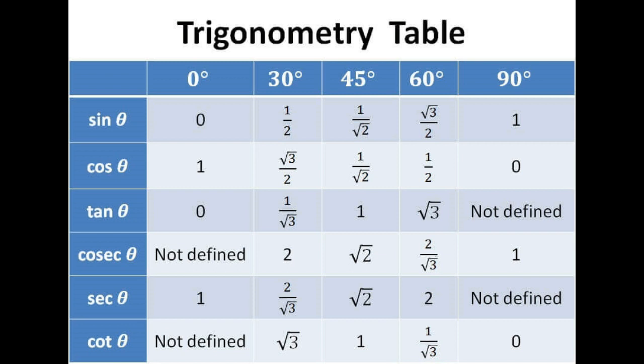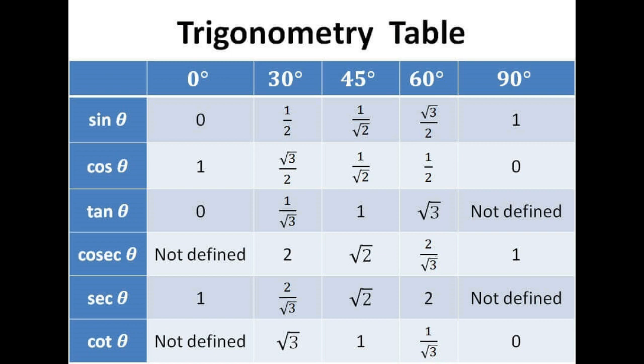So in cot we have the reverse of tan. What did I say at the end? Not defined, and then root 3, and then 1, then 1 upon root 3, and then 0. Reverse the tan. So: not defined, root 3, 1, 1 upon root 3, 0.